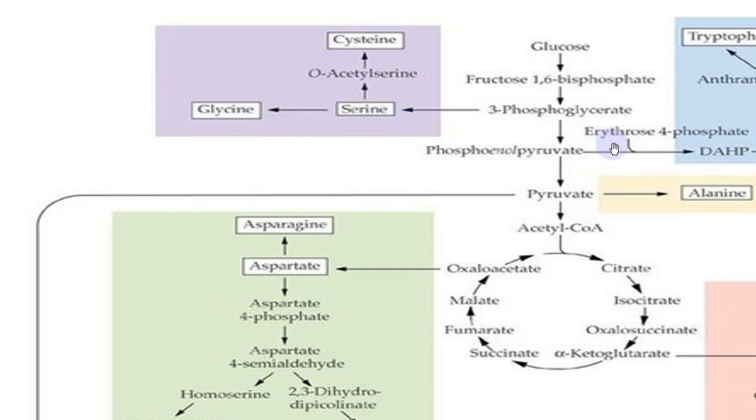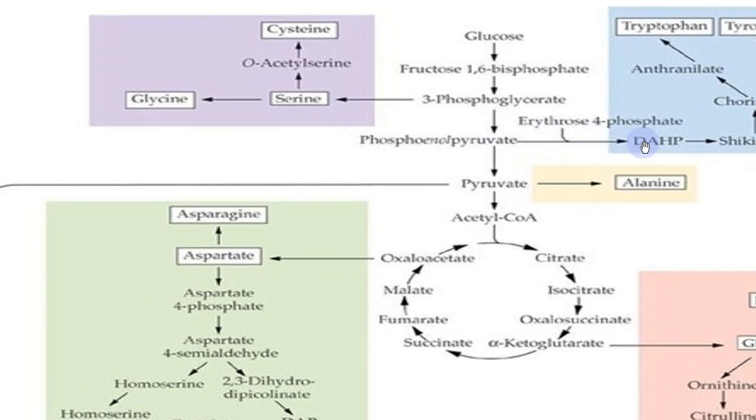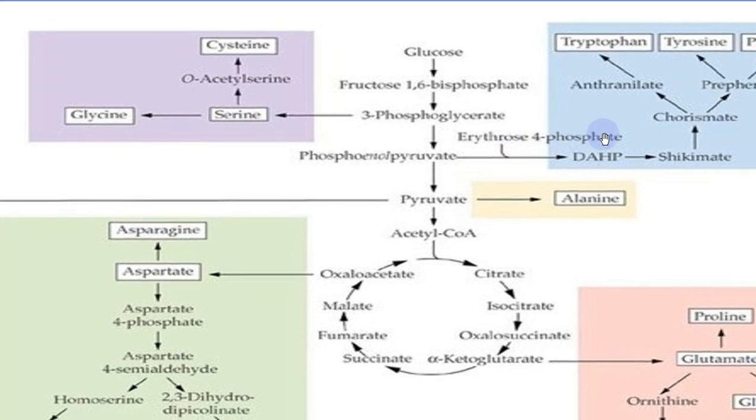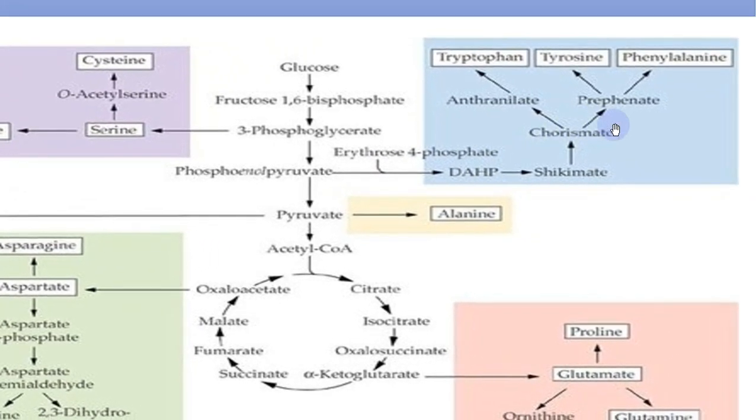Or sometimes, when glycolysis proceeds further, phosphoenolpyruvate gets involved with erythrose 4-phosphate, which comes from photosynthesis, and this may lead to the formation of the aromatic amino acids through the formation of shikimate. So this is the shikimic acid pathway.